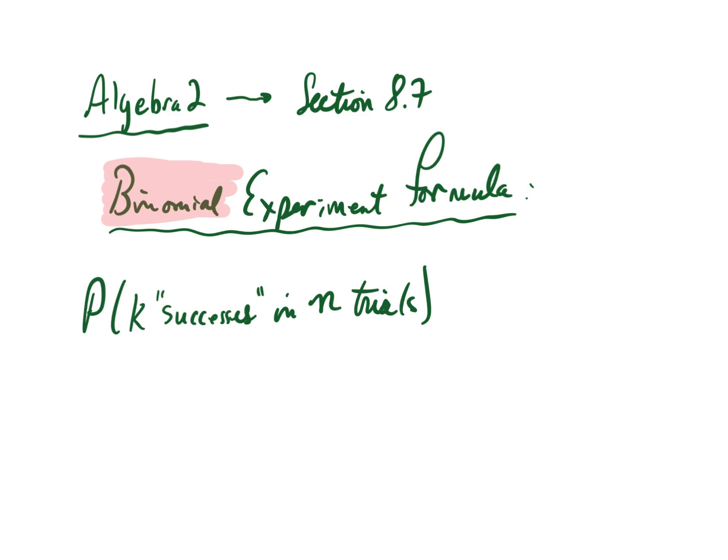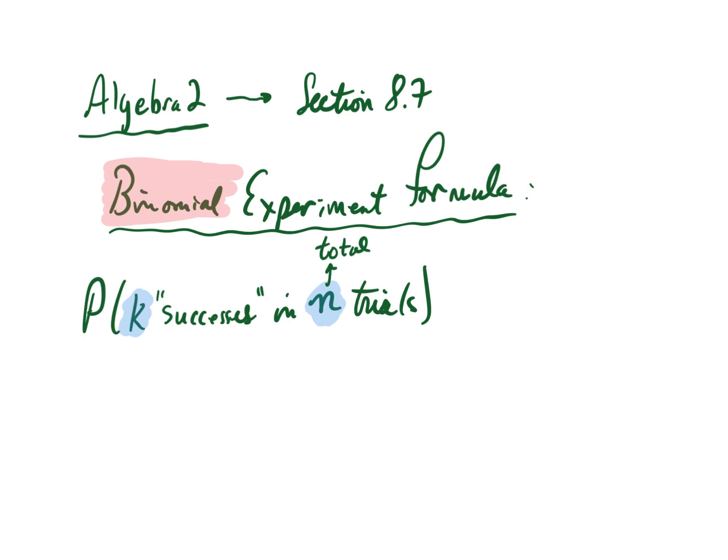I need you to keep track of the K and the N. N is going to represent the total, and K represents the number of successes that we're calculating the probability for.